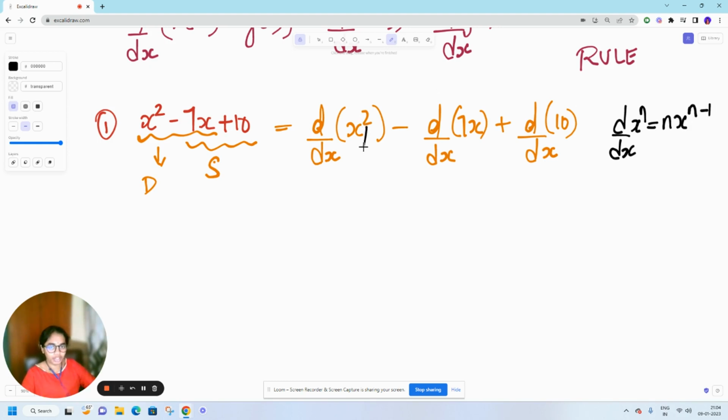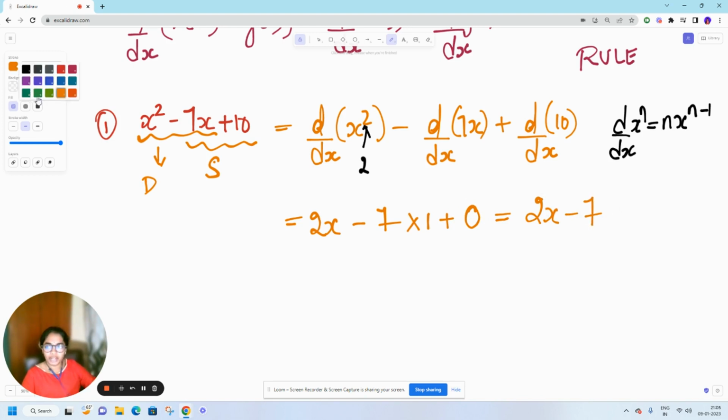So in place of n I have 2. So I'll write 2x. Minus 7 is a constant, I can take it out. Derivative of x with respect to x is 1, plus derivative of a constant is 0. So my answer is 2x minus 7.